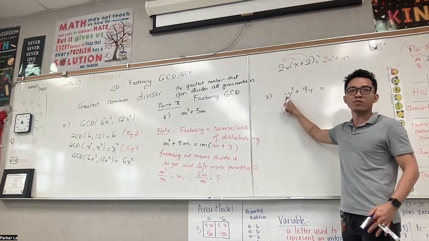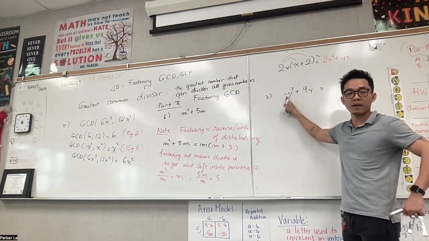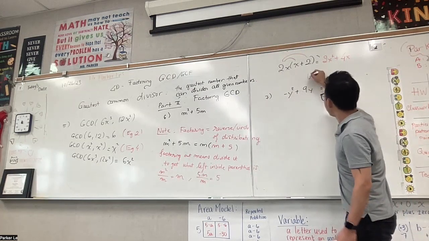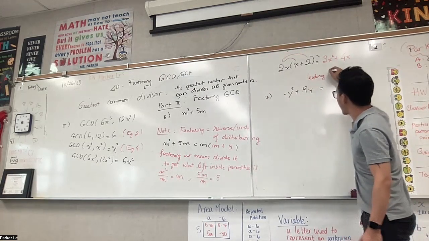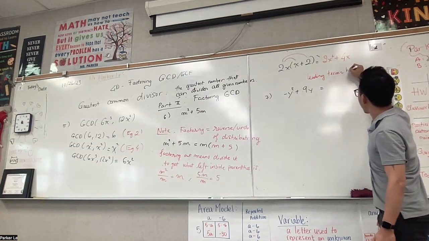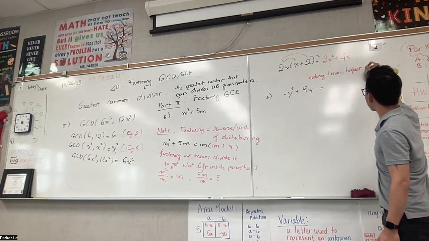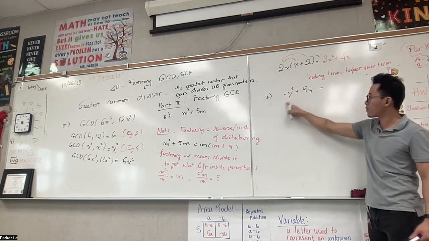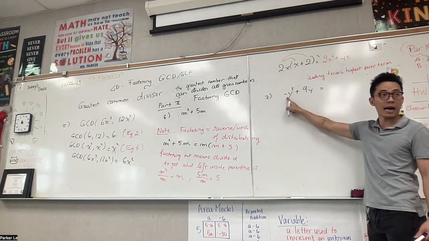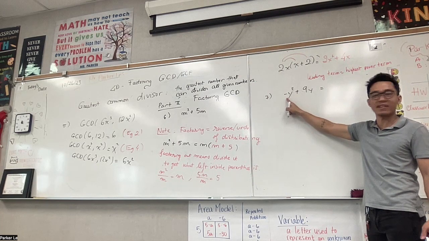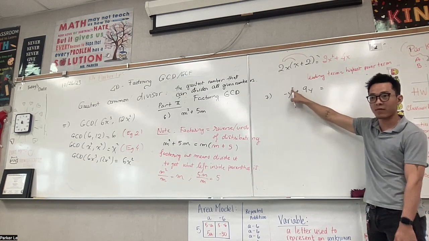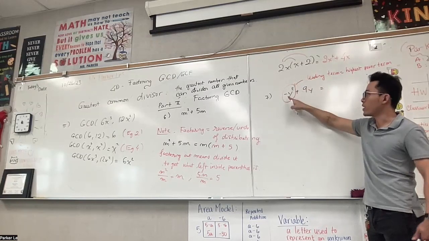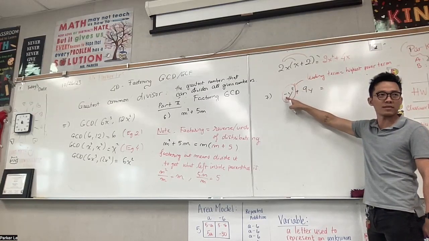Yeah, that's correct. We don't want the negative in front of the leading term. Can we talk about the leading term? Leading term is the term that has the highest power. What is the highest power term right here? No, the one that has the highest power. This one, this term, right? This is the leading term. So we don't want the negative on this one.